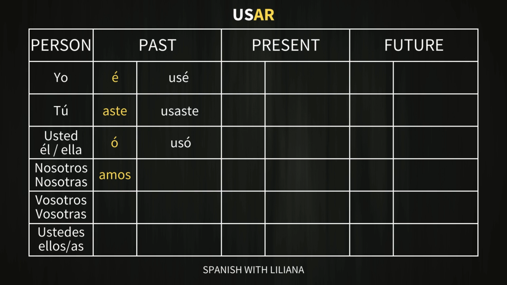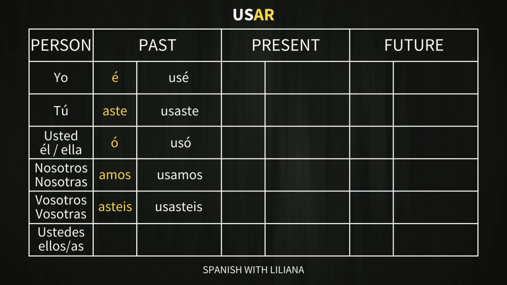So the full word becomes usamos. For vosotros or vosotras, the plural you in some places, we're going to replace AR with asteis. So the full conjugation in past tense becomes usasteis.